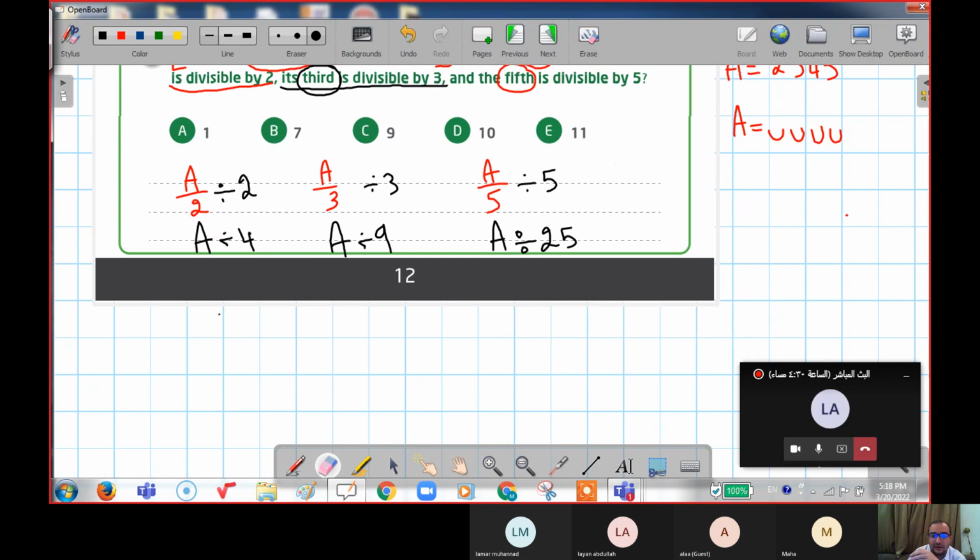The rule says if any number x is divisible by 4 and the answer is 5, for example, then x for sure must be divisible by the multiplication of the two numbers. So x must be divisible by what? By 20. Okay?